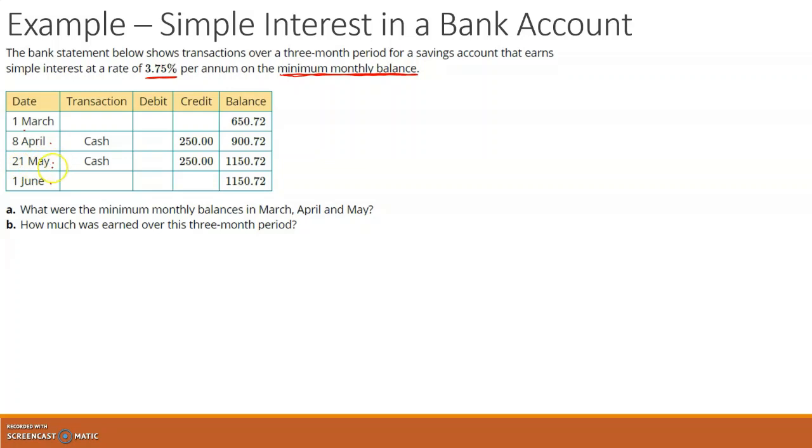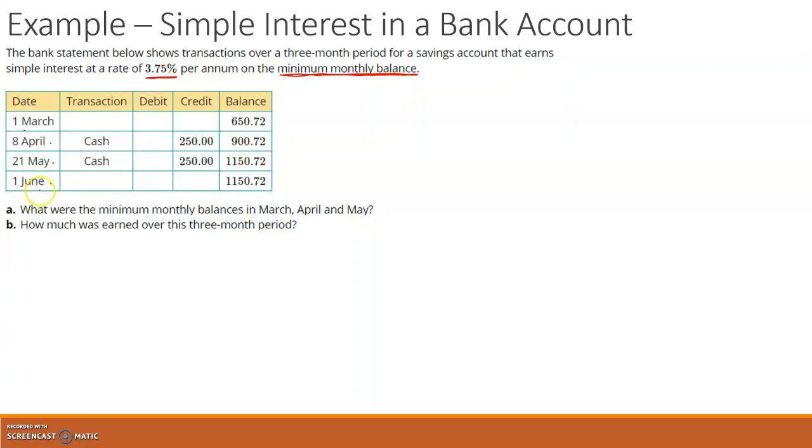Then in May, the same thing happened. On the 21st of May, there was a transaction of cash by which $250 was deposited into the account. And that took its balance to $1,150.72. Now, before that, on the 20th of May, that transaction hadn't yet occurred, so the minimum monthly balance for May is $900.72, because that's how much money was in the account before the 21st of May.